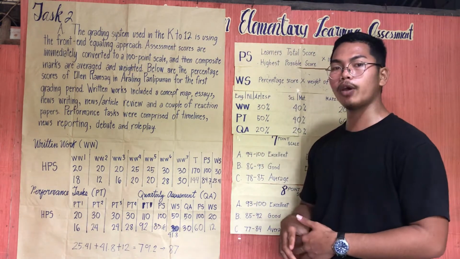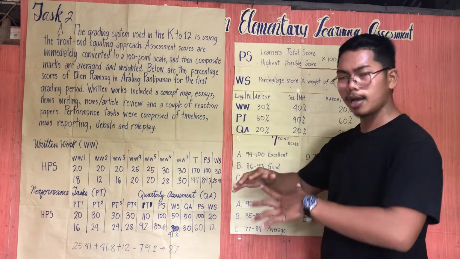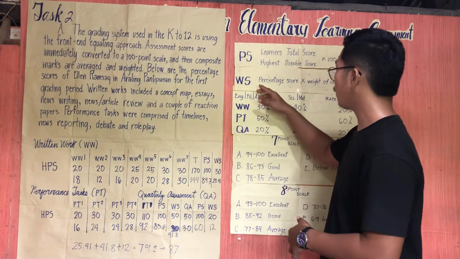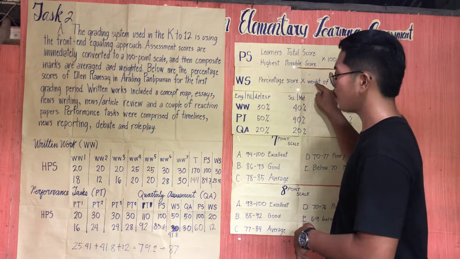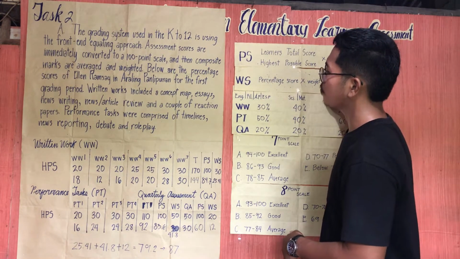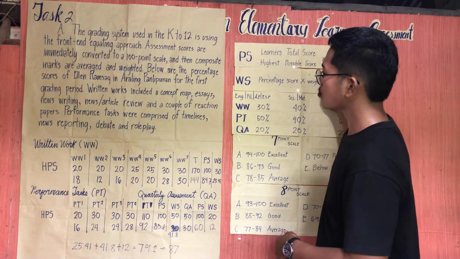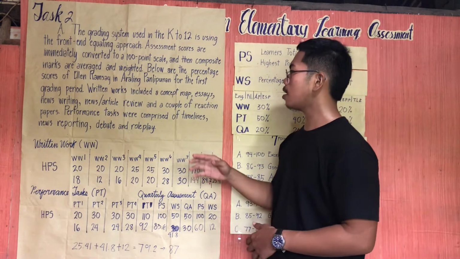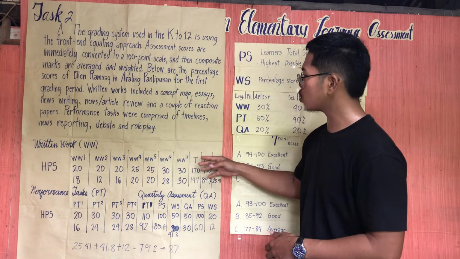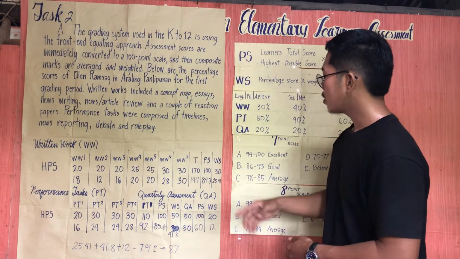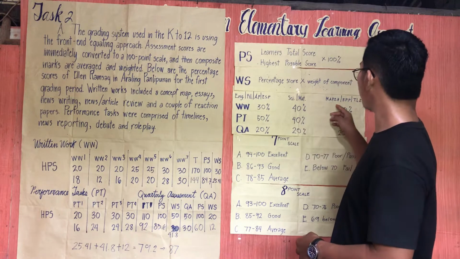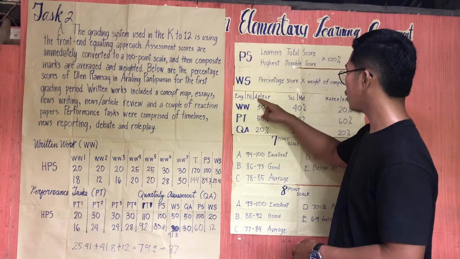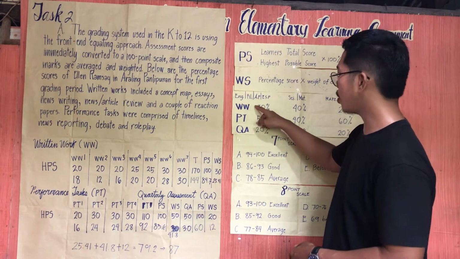And the formula of weighted score, just for us to refresh, is the percentage score times the weight of component. Since the subject of this raw score is Araling Panlipunan, the weight of component corresponding to Araling Panlipunan for the written work is 30%.